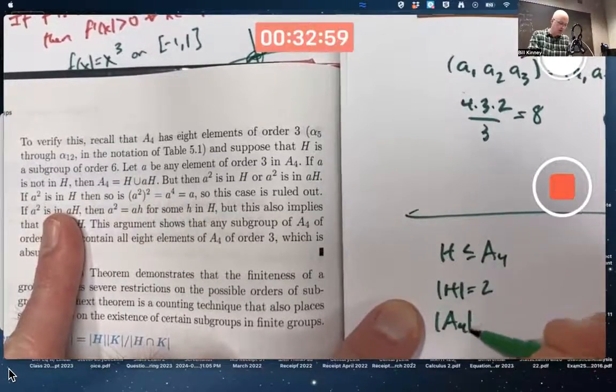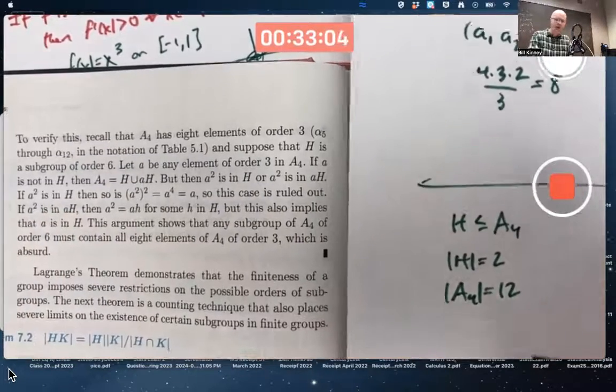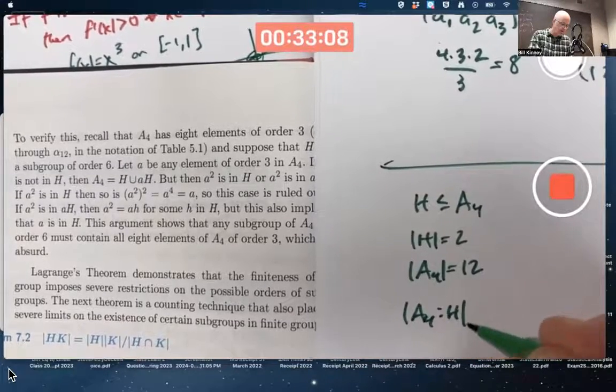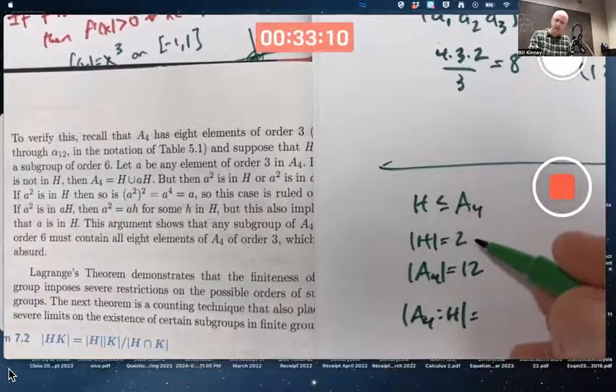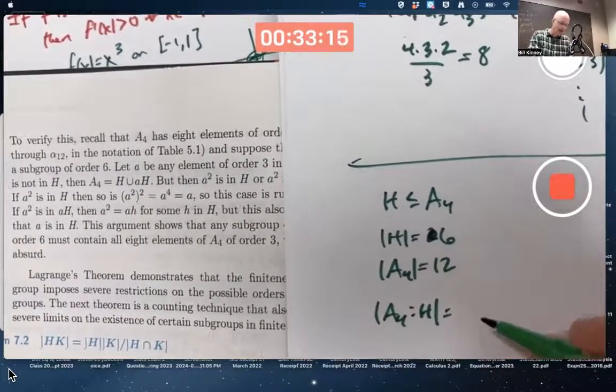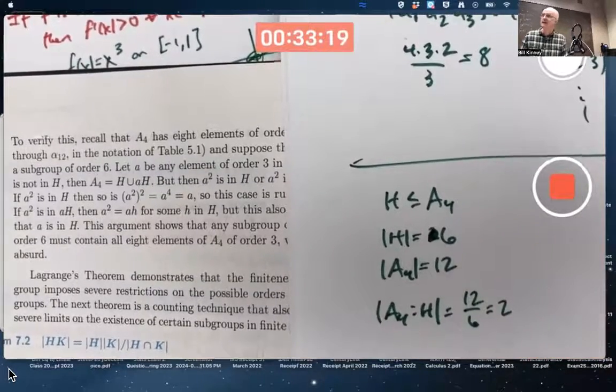A4 we know has order 12. That would mean the index of H in A4 would be 12 divided by 6, which is 2. There would be 2 distinct left cosets.